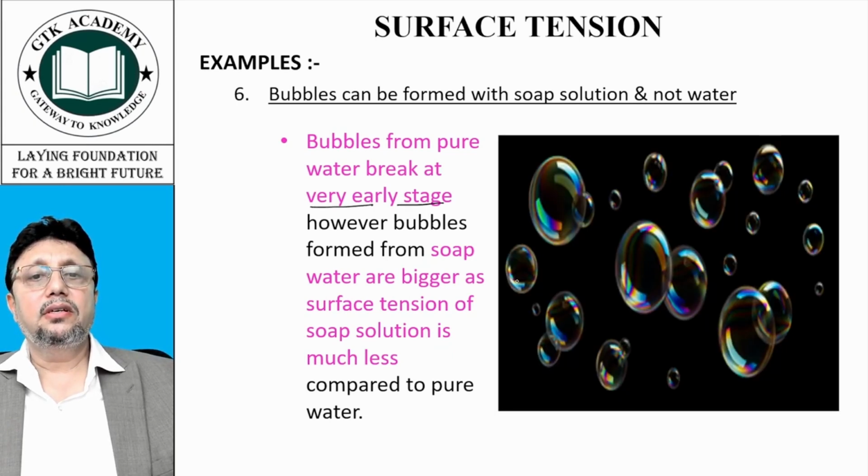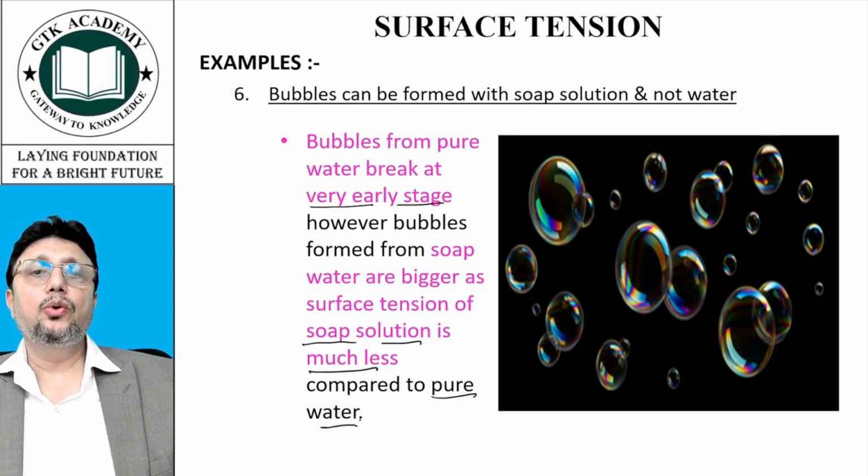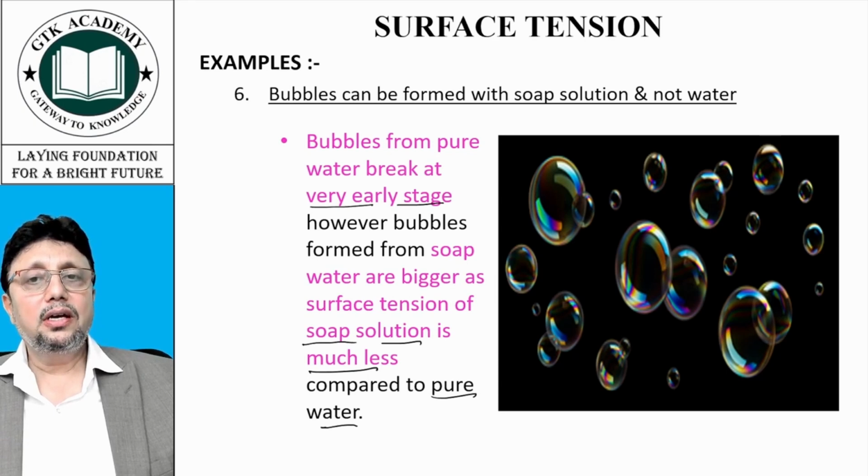The reason is the surface tension of soap solution is much less compared to pure water. That is why you can have bigger bubbles of soap solution compared to water.